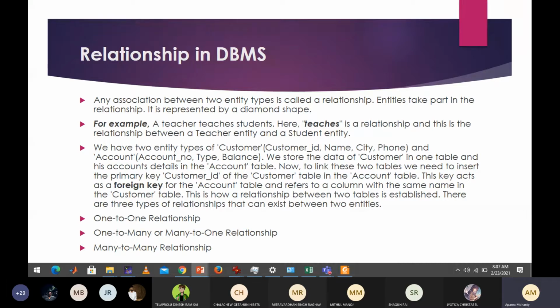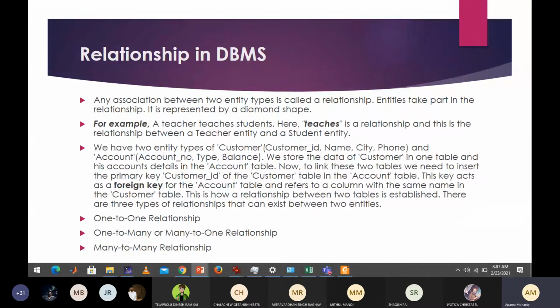If one particular attribute is common, you can consider it a key, which will be helpful to connect both these entities. There are different relationships that exist between these entities, like one to one, one to many, or many to many.